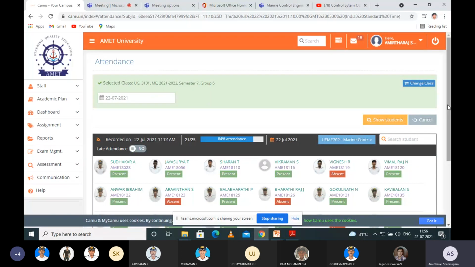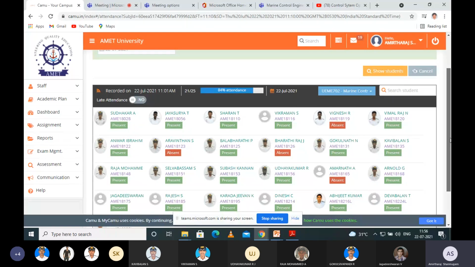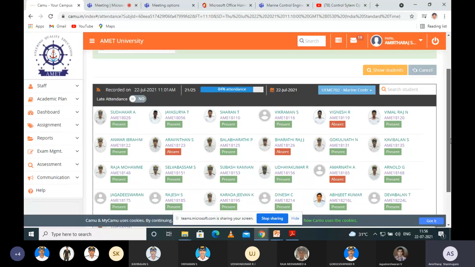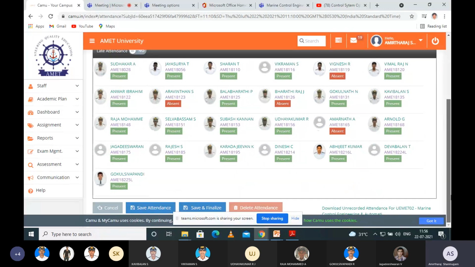So note down the absentees: Vignesh EAME 18119, Aravindan EAME 18123, Bharadiraj AME 18126 and Amarnath AME 18165. The 4 students are absent. 21 are present out of 25.